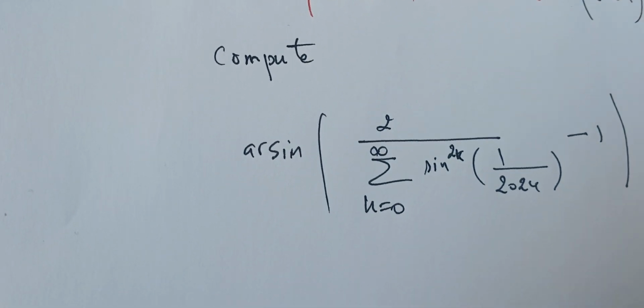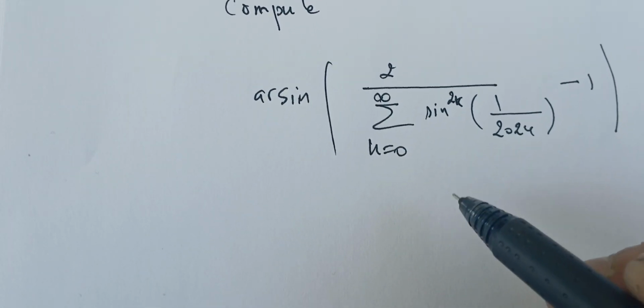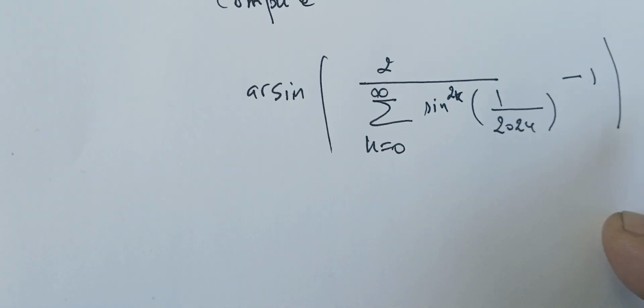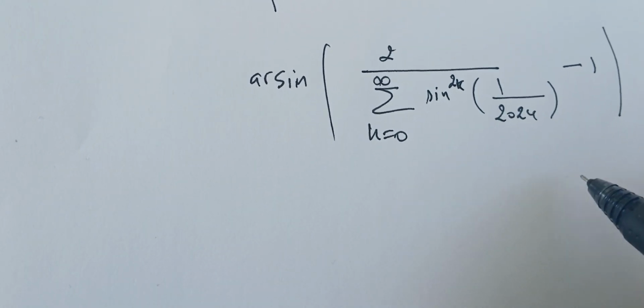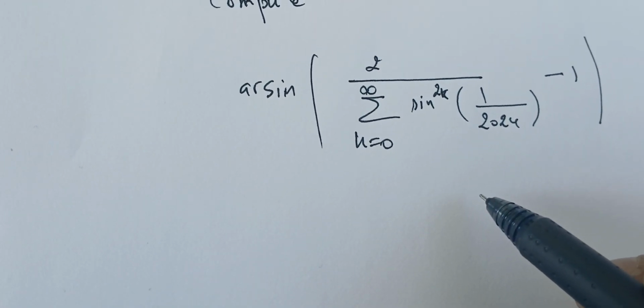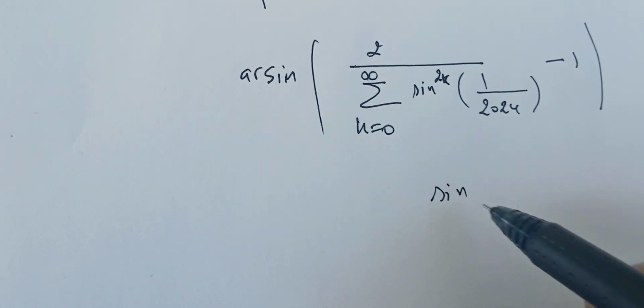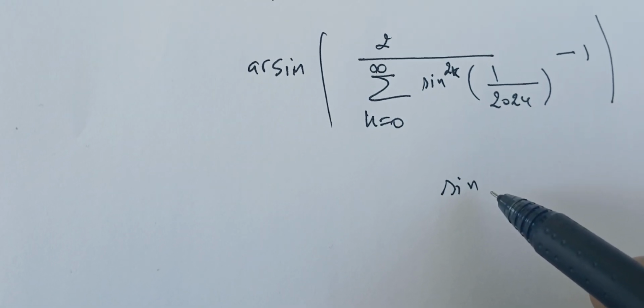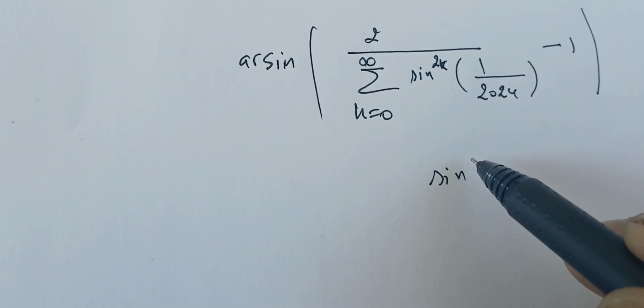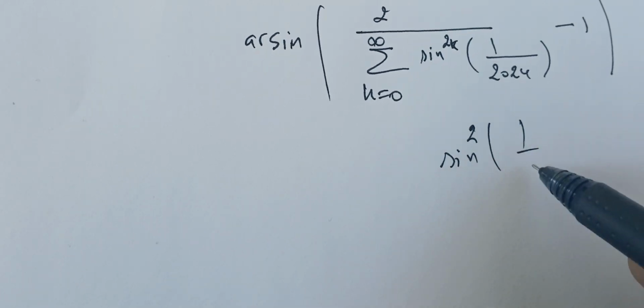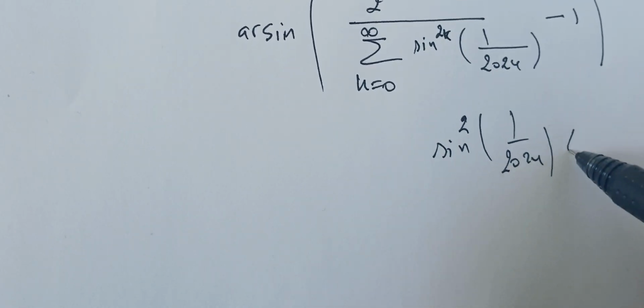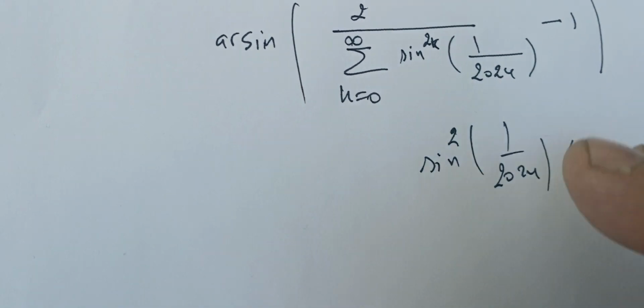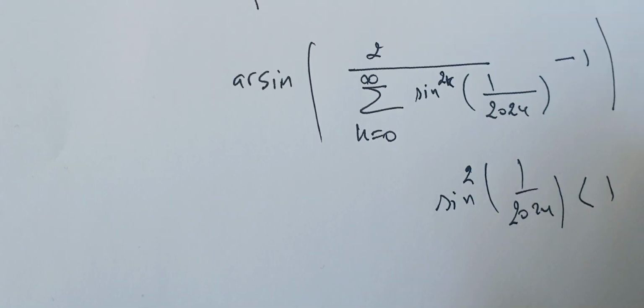Okay, the key idea here is that the sine of these numbers, very tiny, is always less than 1. So sine squared of 1 over 2024 is less than 1. So here we have a geometric series.